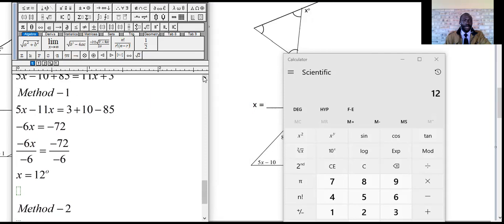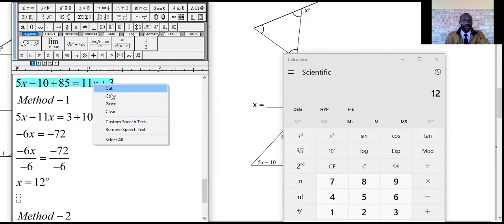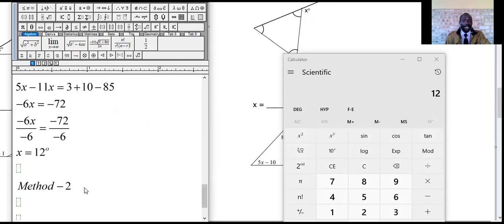We want to transfer 5x onto the right-hand side. Now, transferring 5x onto the right-hand side, let me first transfer this and bring it here, so that it is easy for us to see how to move on.